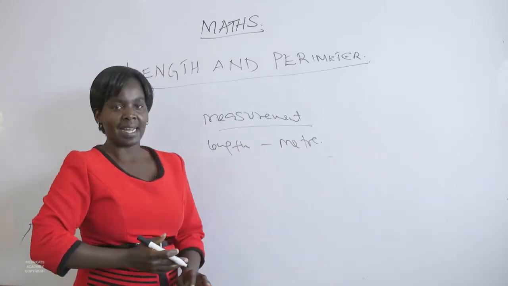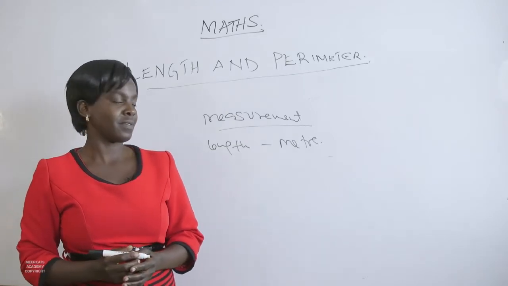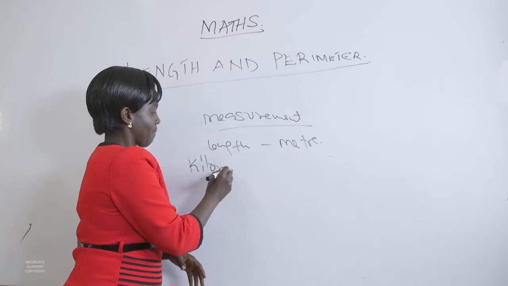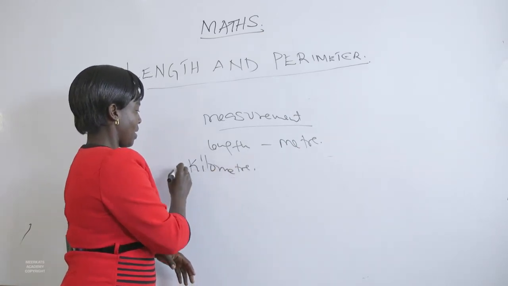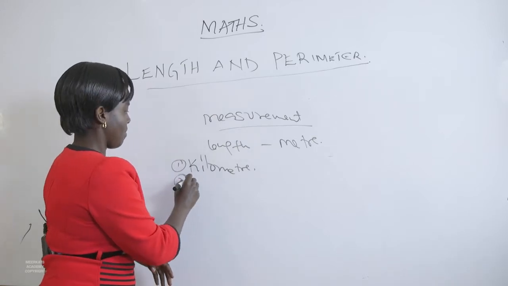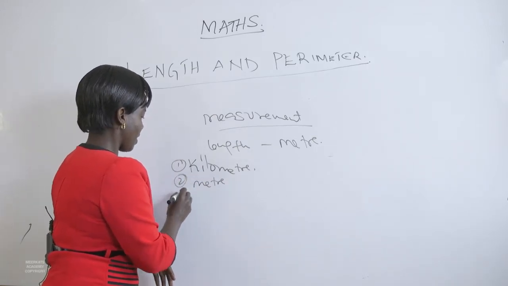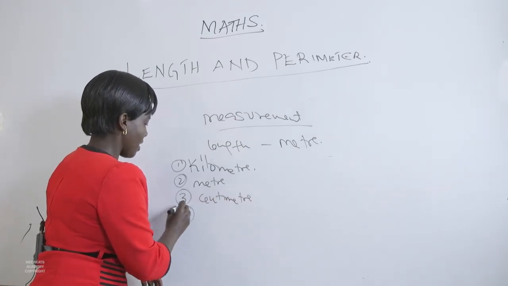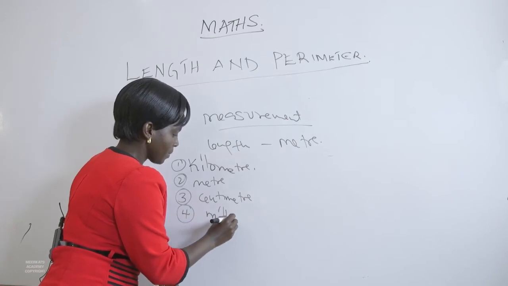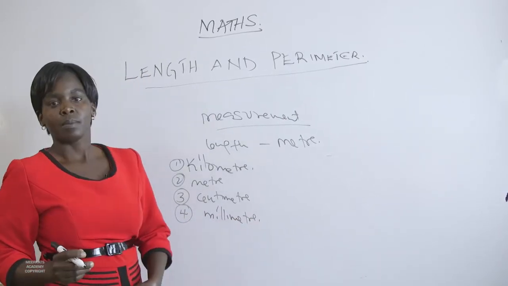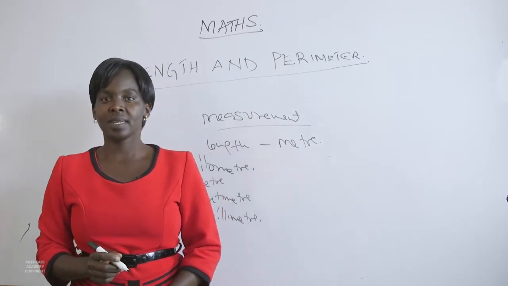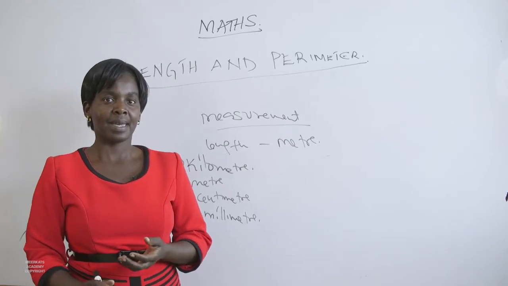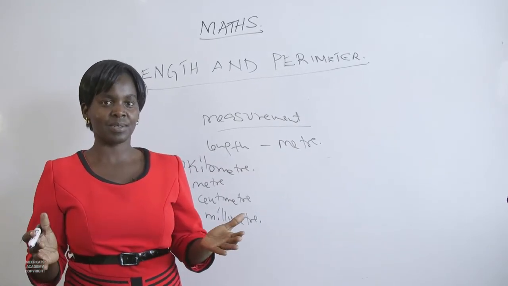We also need to understand how to convert, because we normally have different units. We have a kilometer, a meter, a centimeter, and a millimeter. These are different units of length depending on the distance or the size.